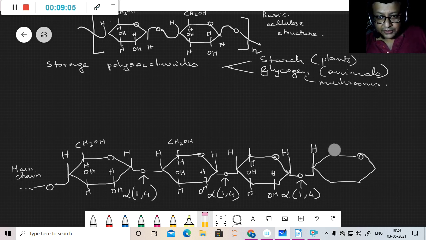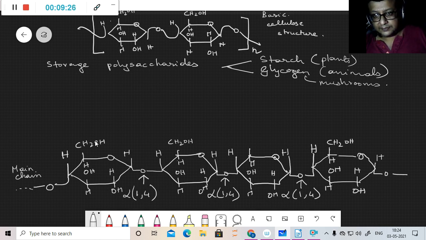In this you draw CH2OH, OH, H, H, OH. So this main chain goes on. This is the main chain which goes on, and you have an alpha 1,4 linkage.